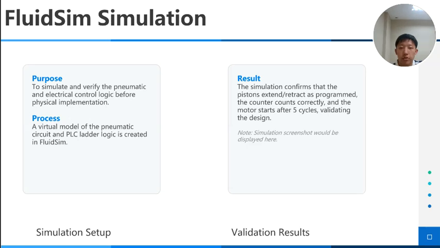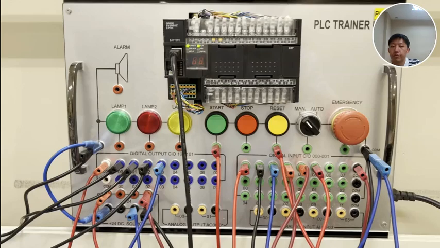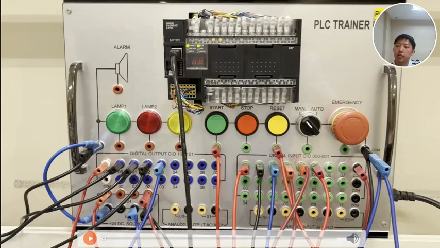The counter correctly counted 5 cycles, and the motor turned on as expected. This step is critical for validating the design and catching any errors before real-world testing. Let's look at the video.